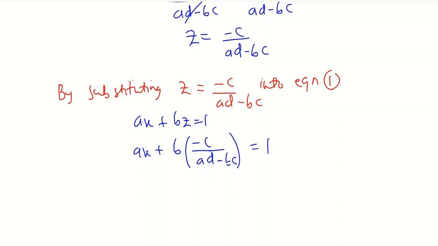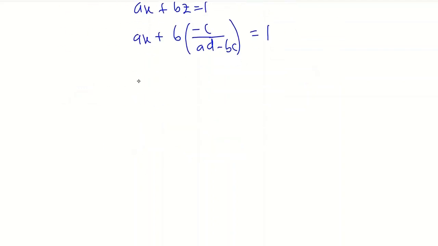When we expand, we have AX minus BC over AD minus BC is equal to 1.